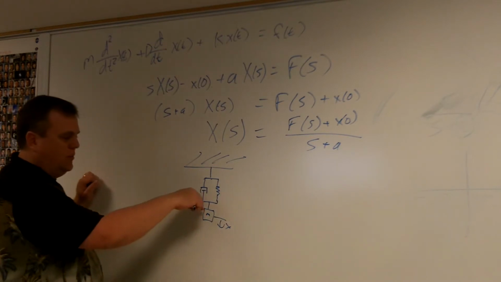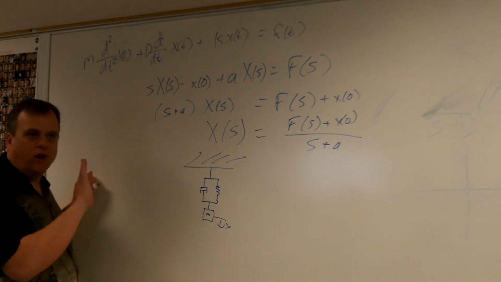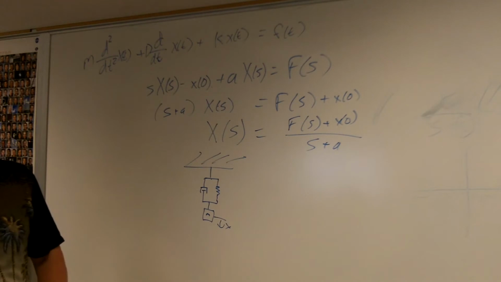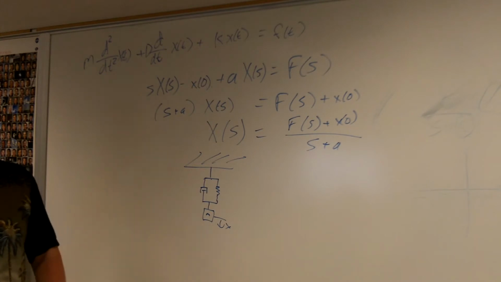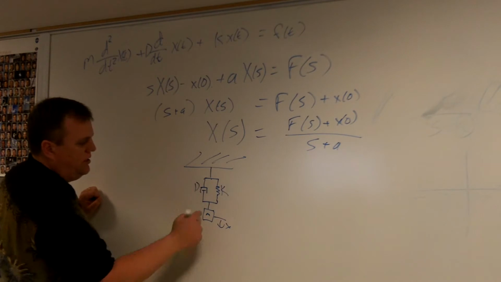Then I could have something pushing that mass down, some electromagnet pulling it, or whatever I want. That's my force coming into it. So I have something external acting on it, or I give you a crank and you can pull on it. You have K, and D, and mass M.